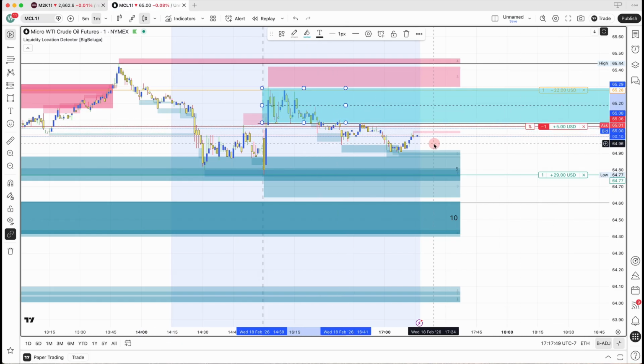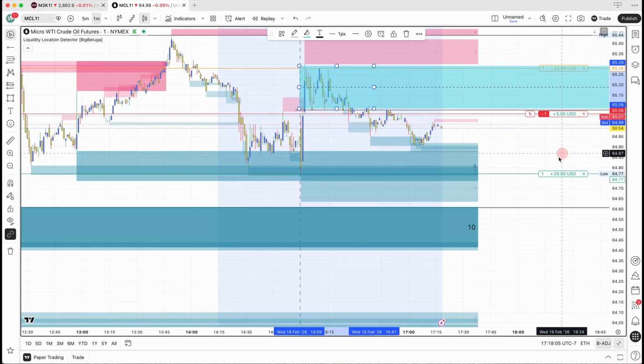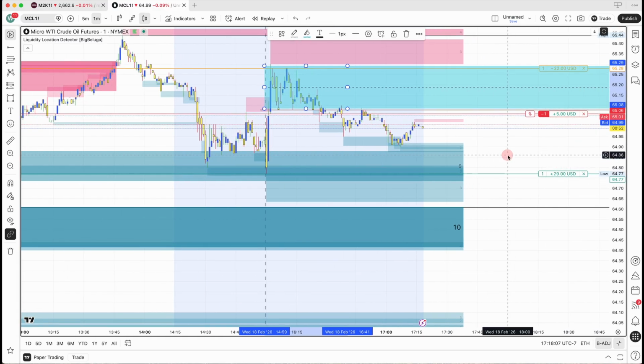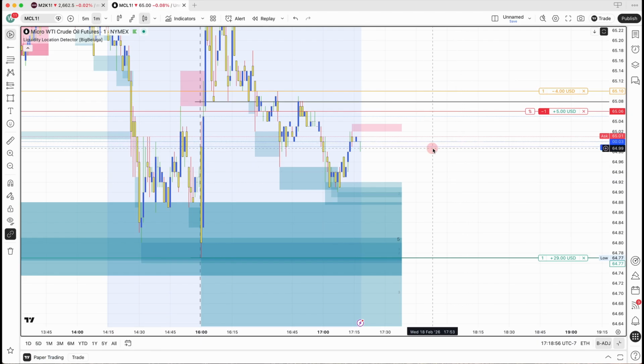Then it moved down to a liquidity area on the 1 minute chart. It's showing me that there's a lot of liquidity here. I'm hoping it'll come all the way down here and take out some of this liquidity. That's why I've chosen the $29 take profit. And it's paper trading, so I'm going to put my stop loss close for demonstration purposes.